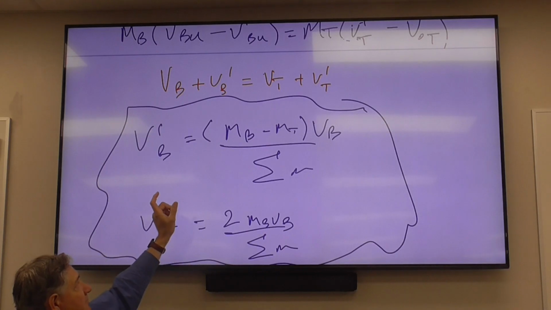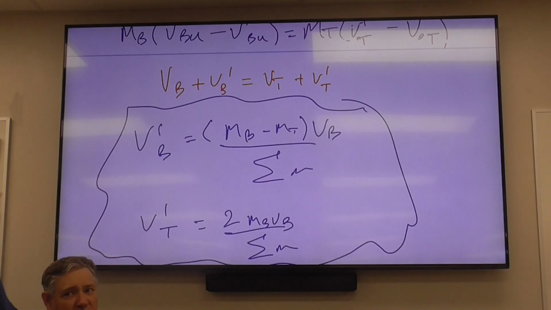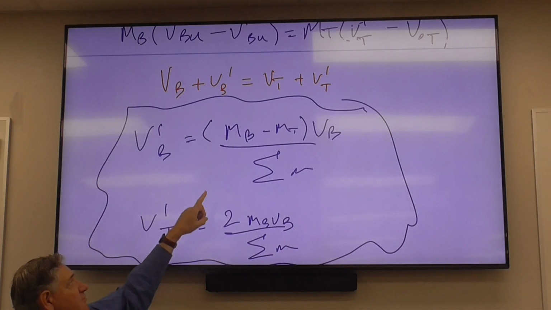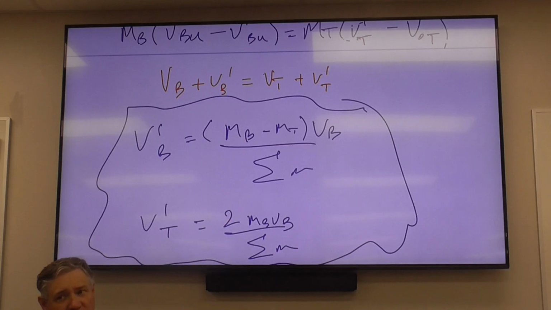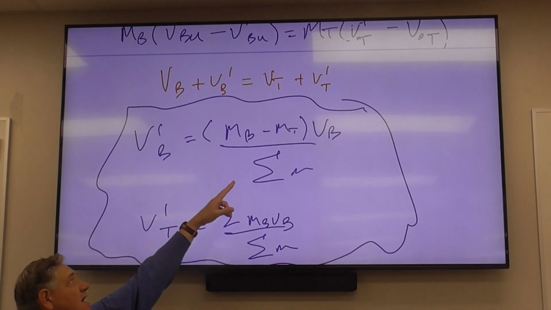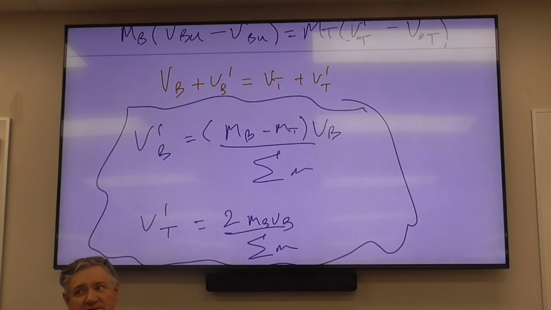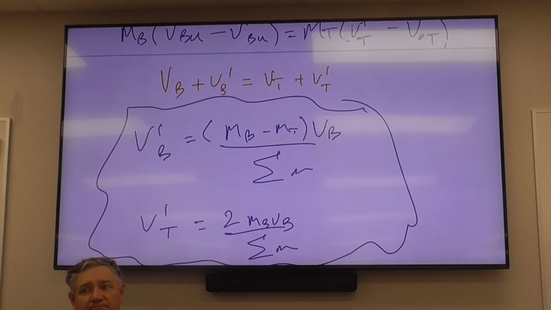Or you could have a small bullet, large target. Okay? Cool with that. Now, let's start kind of in the reverse order. If you have a small bullet hitting a large target, what's going to be the sign of that difference in masses? Negative.